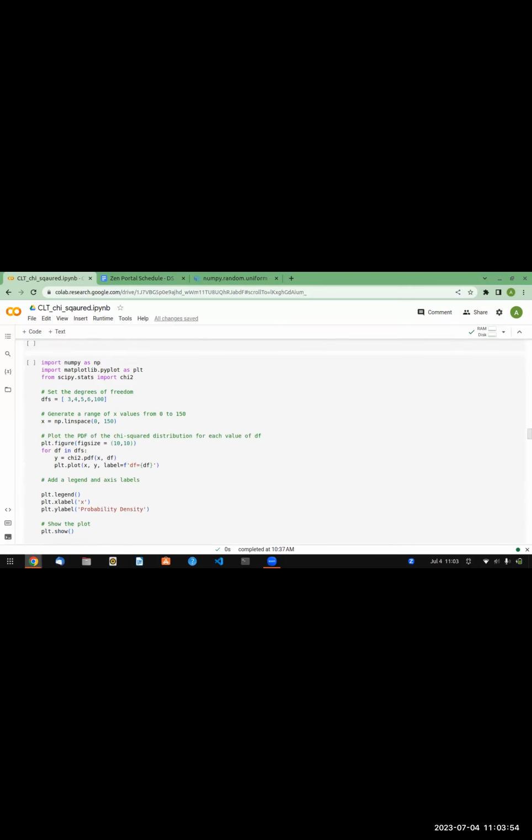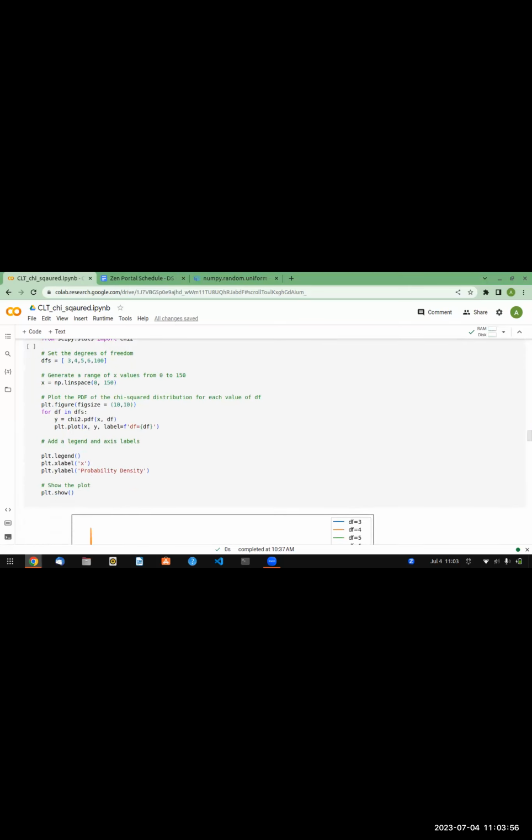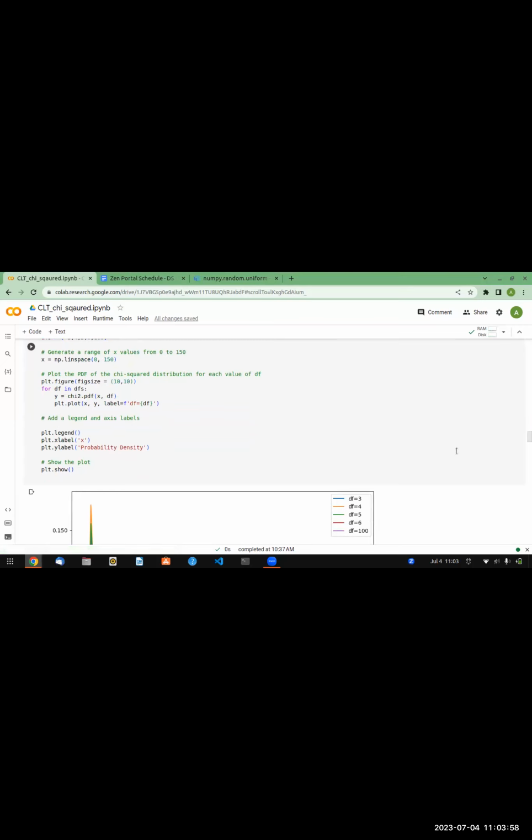And what is the purpose of this? We'll see its uses once it is finished, because it's not finished yet. I told you the goodness of fit test can be done using the chi-square distribution. That means testing whether your data is following a known distribution or not.